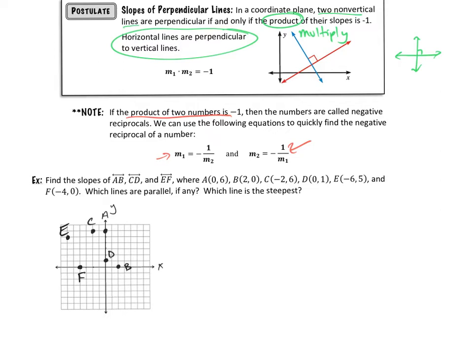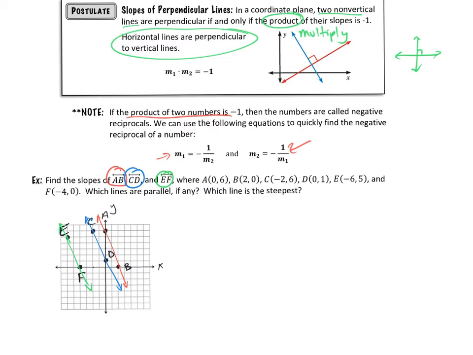Now we're going to look at the lines. We have line AB, which connects A and B. We have line CD here, and we have line EF here.